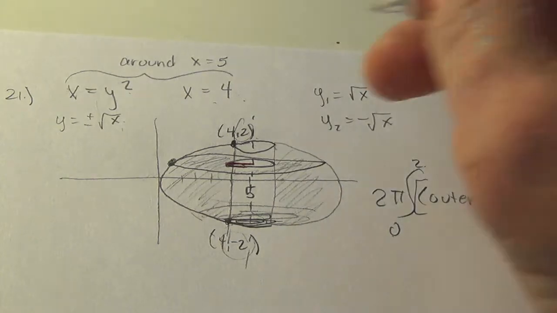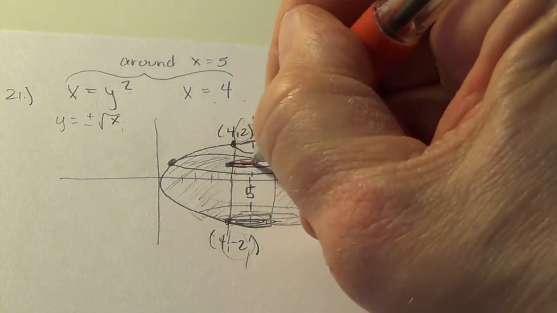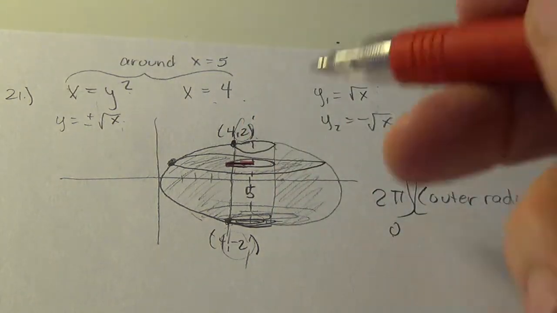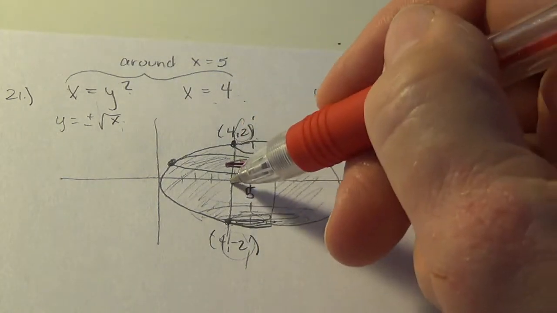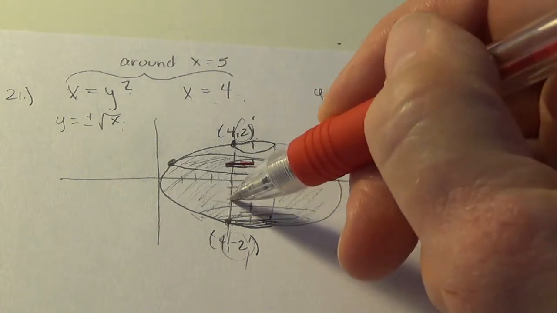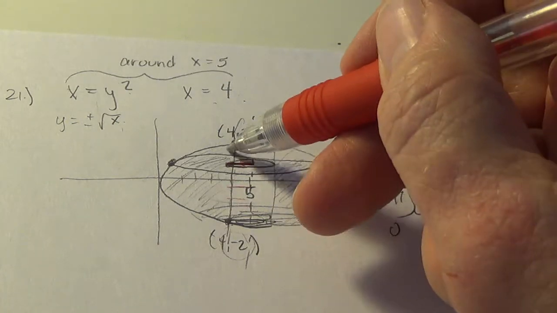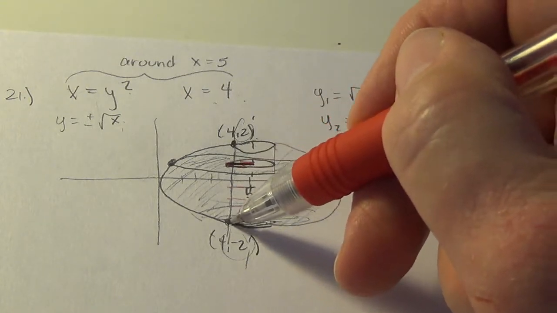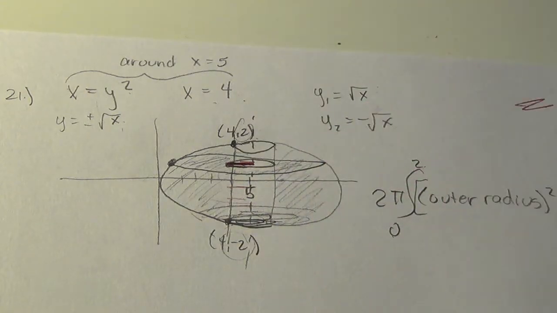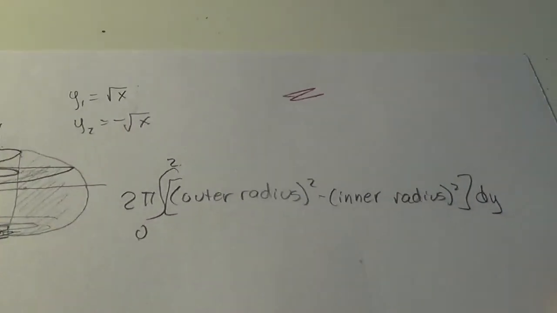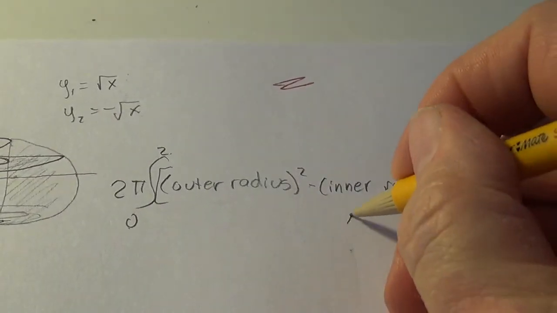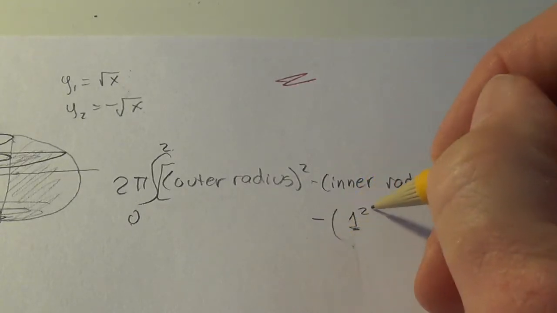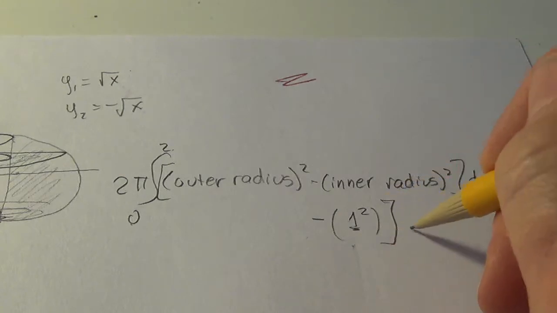And notice, no matter where the disk is, the radius is going to be the same. Since this value was 4 and we revolved around 5, do you see that the inner radius is always 1? So 1 squared, which won't affect it being a 1, but if it wasn't a 1, you'd have to recall to square it.